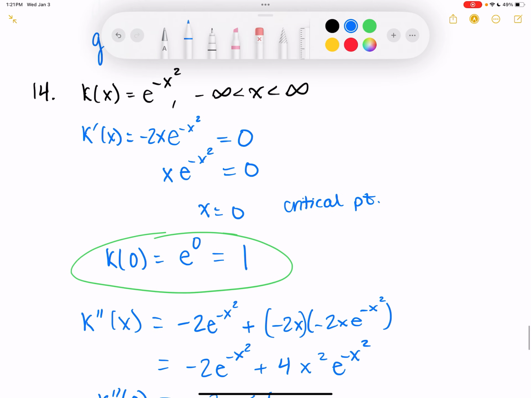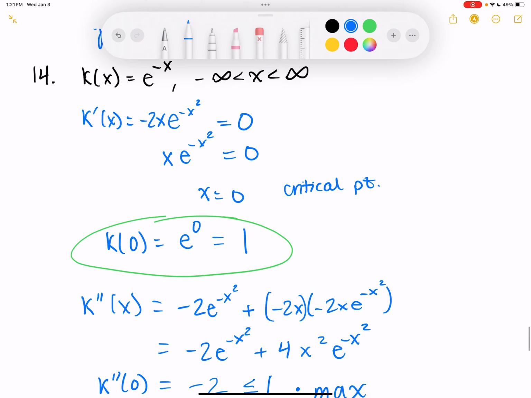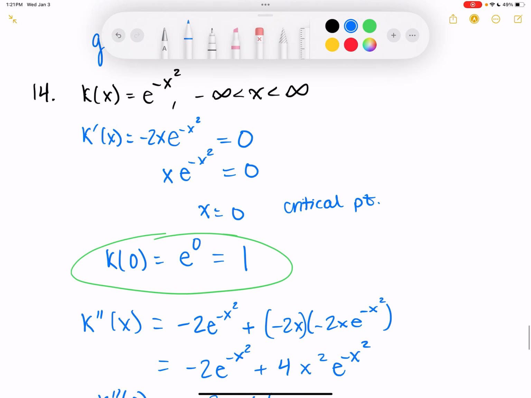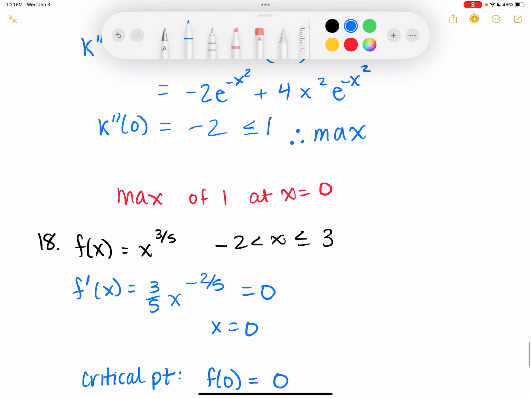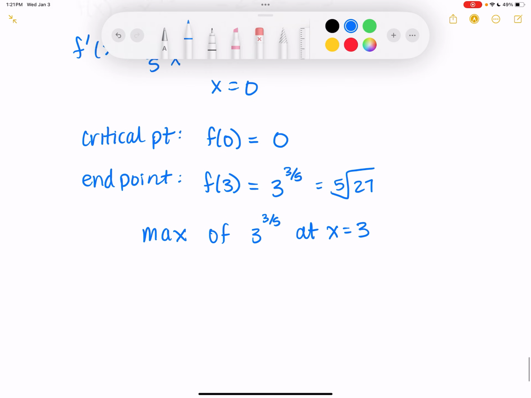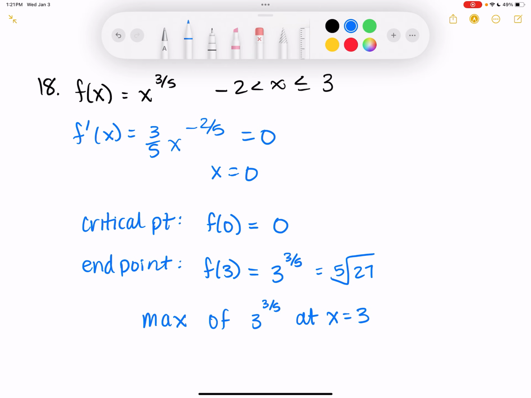Because it made it 0, it's a stationary point. Or I think something is written backwards. I need to check on that, because this is the answer that's in the book. I'm not sure why.